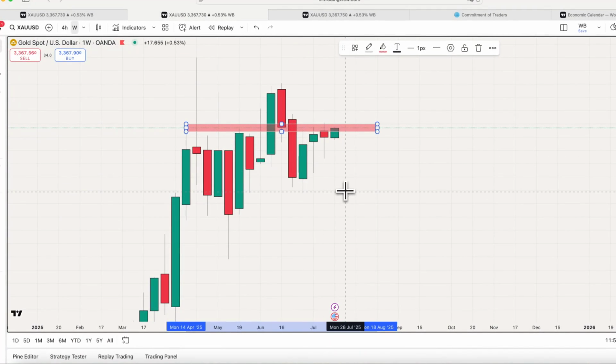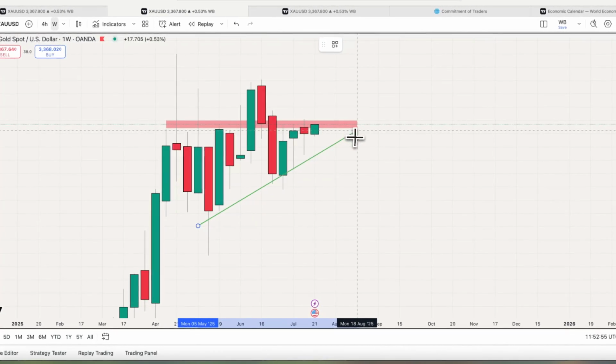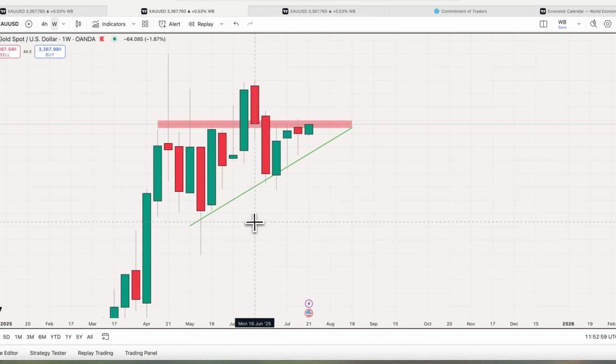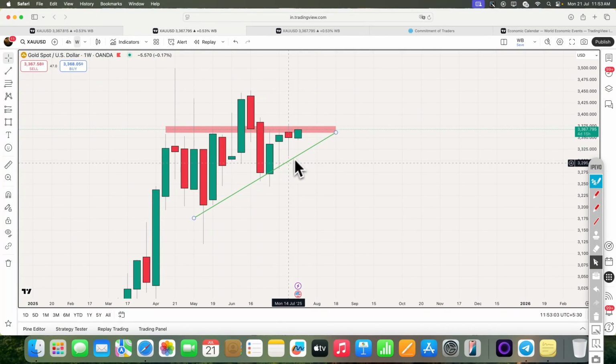On the lower side, if we check the structure, it currently looks like this. The price is supported by this dynamic support trend line, and on the higher side, price is currently facing resistance at this zone.